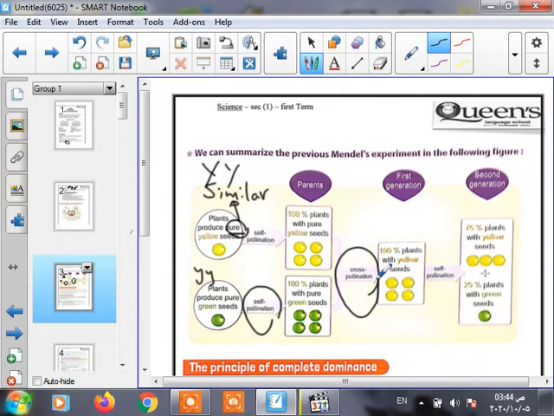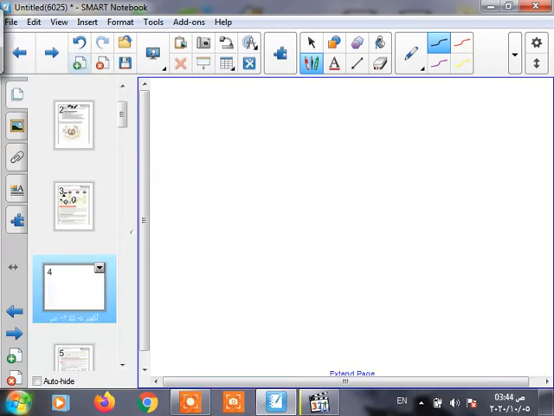When we make it as an example, we make the parents to be P, the gametes G, and the offspring F. So it's the first generation. I say parent yellow pure Y capital Y capital crossing green pure Y small Y small. So the gametes Y capital and Y capital and here Y small and Y small.